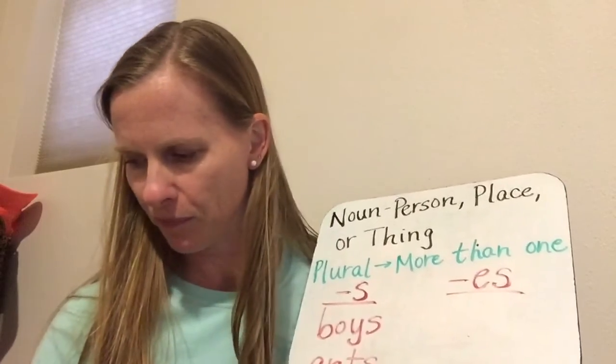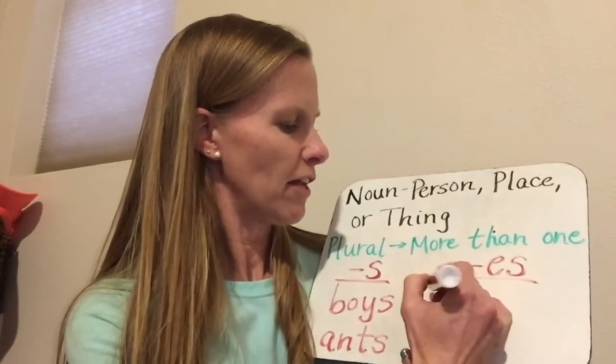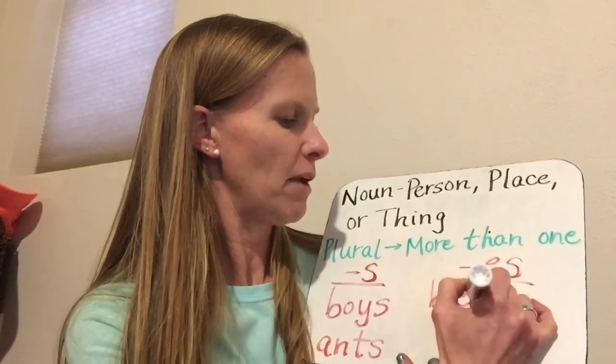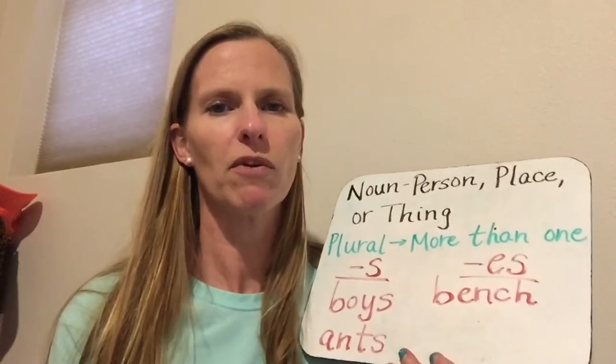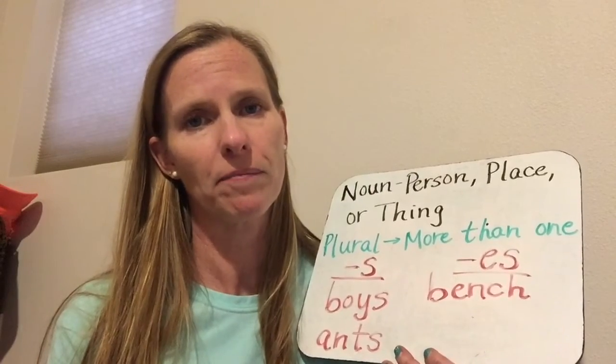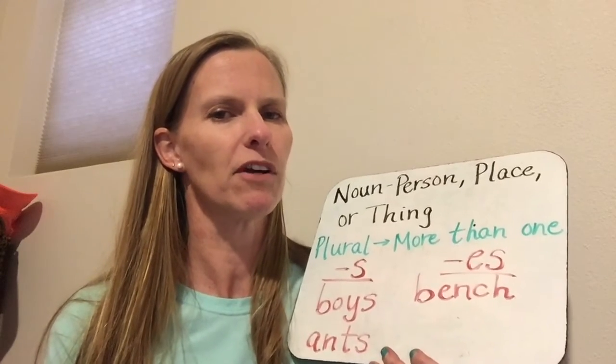and ants. If we want to take a word like bench, but we see more than one bench at the park, think about how many syllables are in the word bench. Can you clap it out? Bench, one syllable.